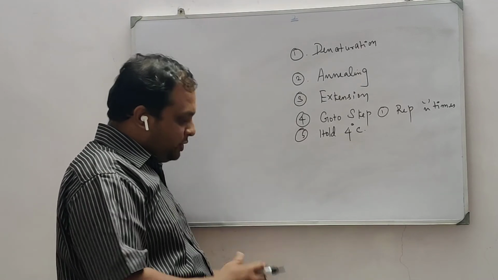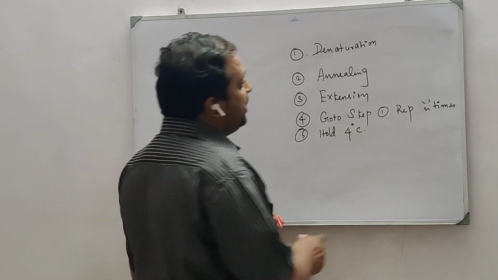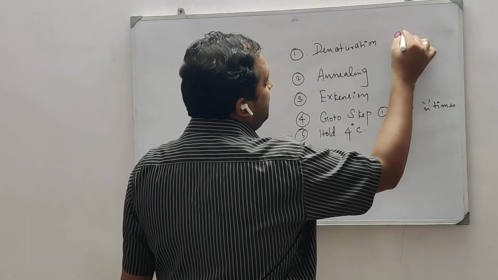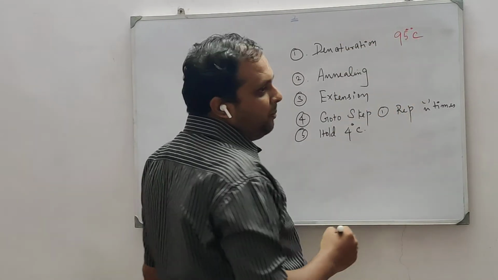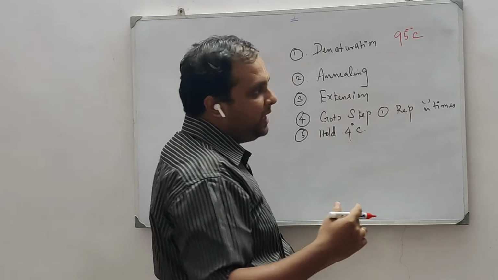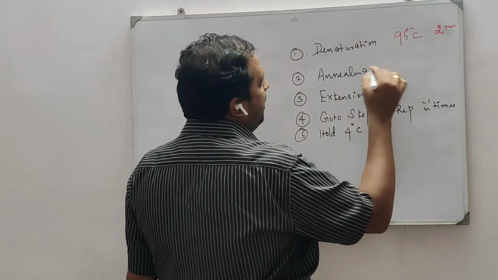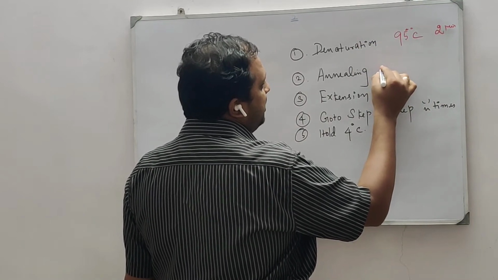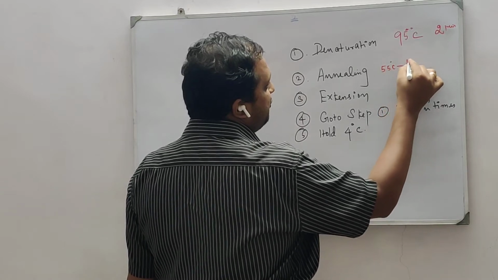So denaturation is done at a temperature of 95 degrees Celsius, maybe around 2-3 minutes. The time varies from reaction to reaction, so on average I make it 2 minutes. Annealing, you have a temperature ranging from 55 degrees Celsius to 65 degrees Celsius.